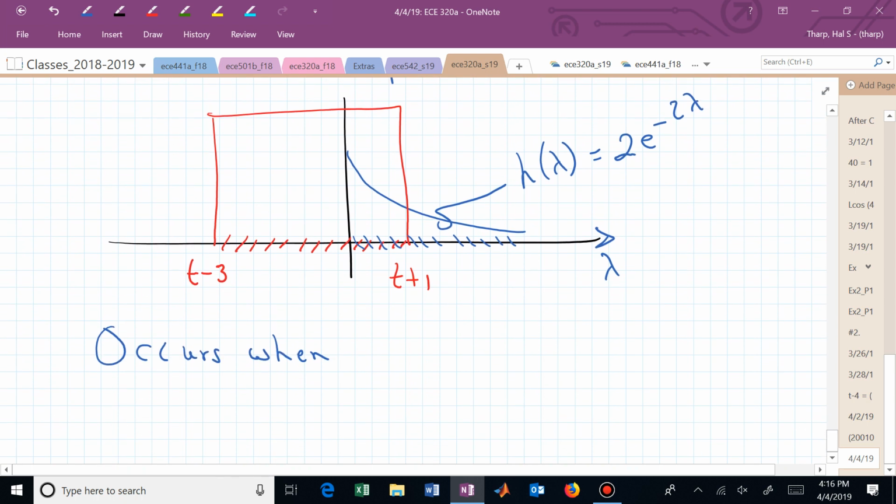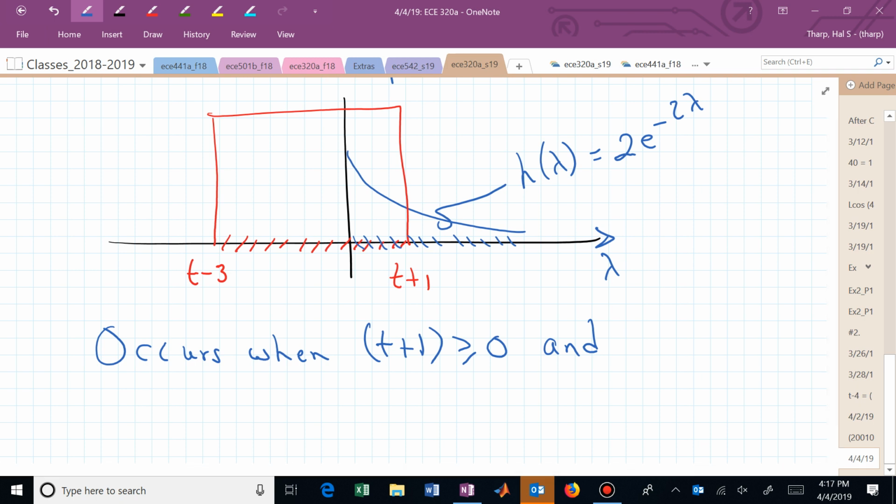So the first thing we say is we want t plus 1 bigger than, and I'm going to say bigger than or equal to 0. I like to have one side of my inequalities greater than or equal to or less than or equal to, and the other one a strict inequality. So we need t plus 1 greater than or equal to 0, and to keep it partially overlapped, we need a second condition, and do you see that t minus 3 needs to stay to the left of 0?